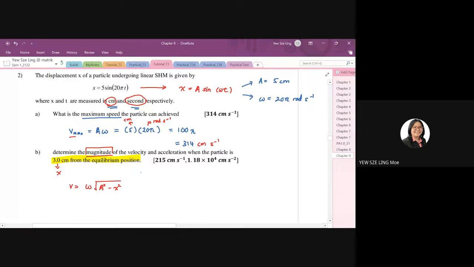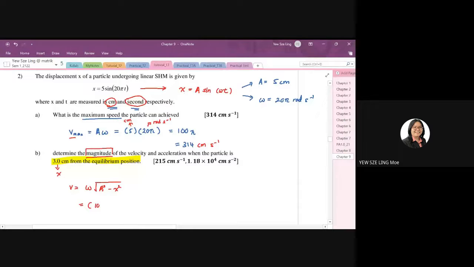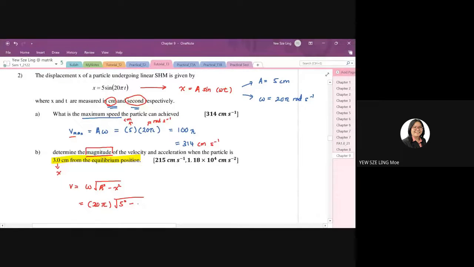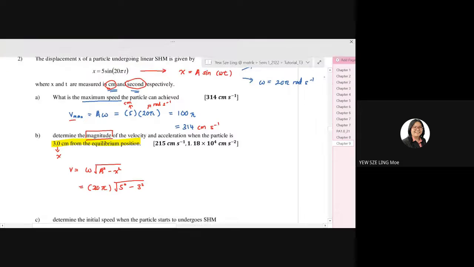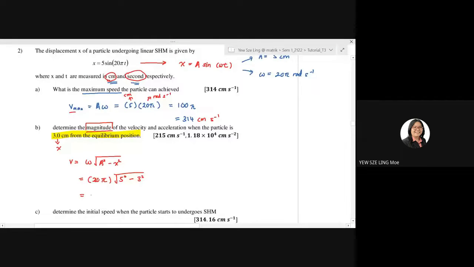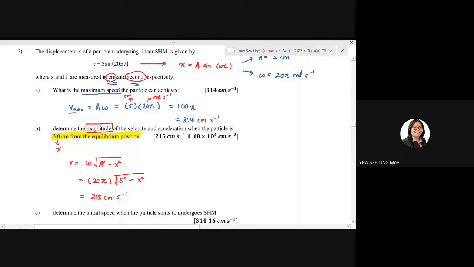So V equals 20 pi times square root of 5 squared minus 3 squared. They are all in cm. If you calculate it correctly, you obtain V equals 215 cm s^-1.